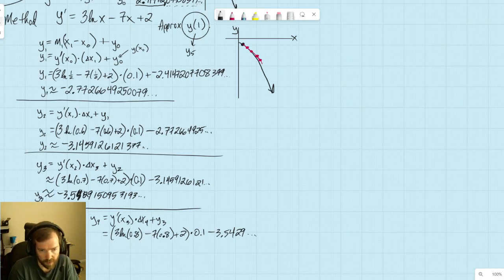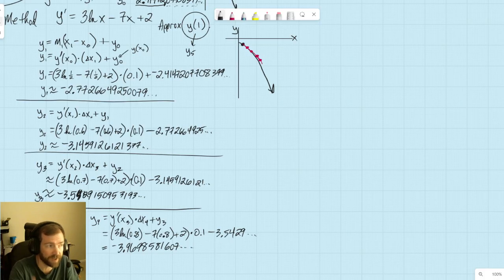So we get this negative 3.54 plus 0.1 times y1 at 0.8. All right, this is going to be a negative 3.96985816007 and more after that.